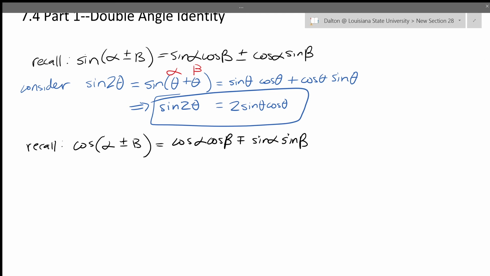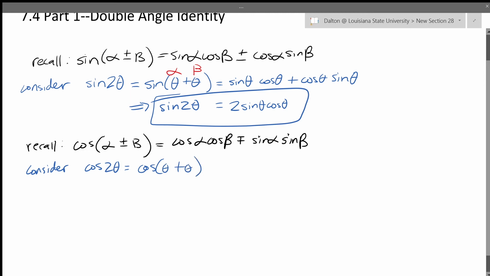If we recall that, then consider what is the cosine of 2 theta. Just as we did with sine, I can rewrite the cosine of 2 theta as just cosine of theta plus theta, where one theta is alpha and the other is beta.